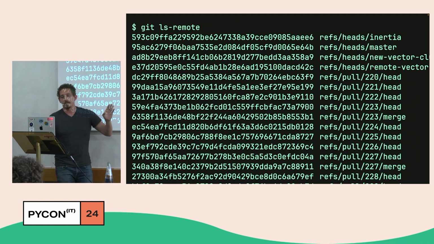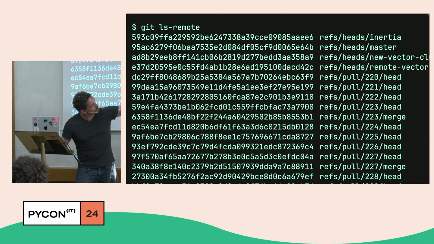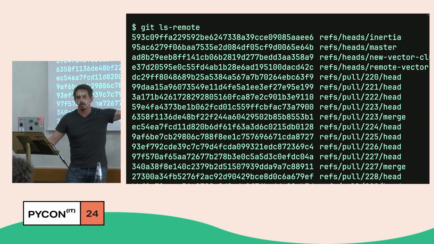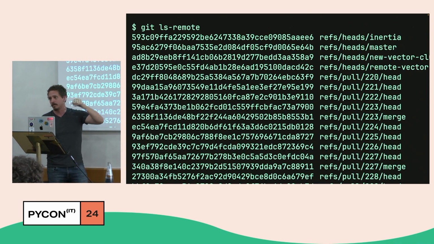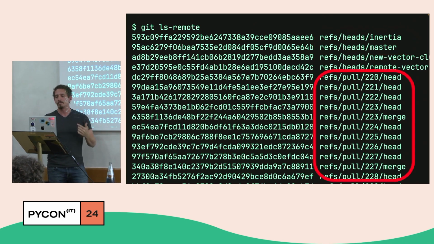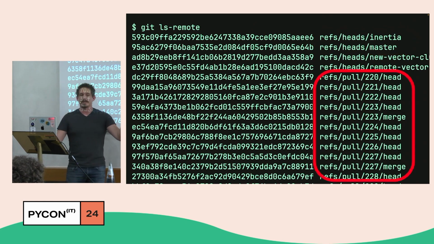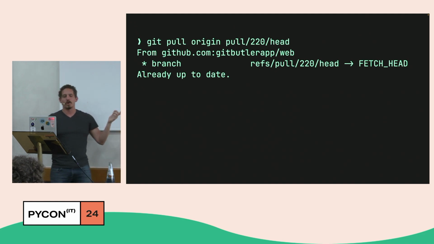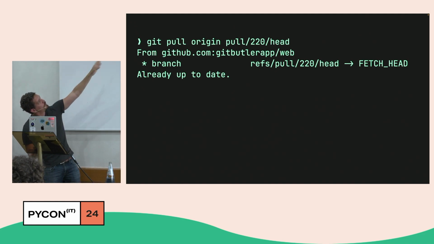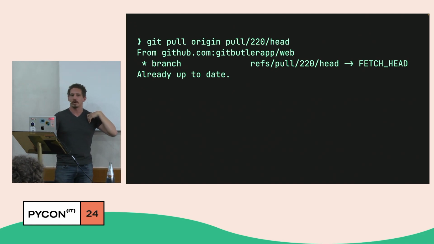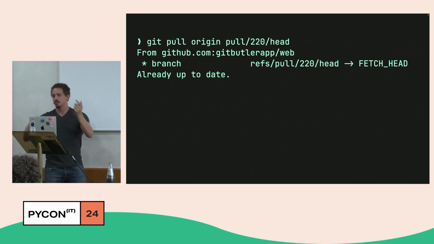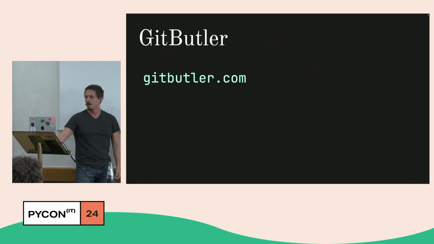If I look at all of them, though, on GitHub, it actually has all these refs pull, and then the PR number, and then the merge and head SHAs. So if I want to directly pull something in to test it out locally or something like that, I can run git pull origin and just say pull my PR number and head, and that will pull it into whatever branch I'm in, or I can fetch it if I want to and take a look at it. But I don't have to figure out what the branch name is that the PR is based off of. I just need the number.